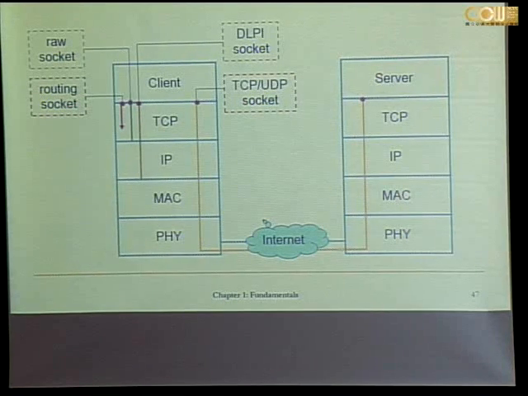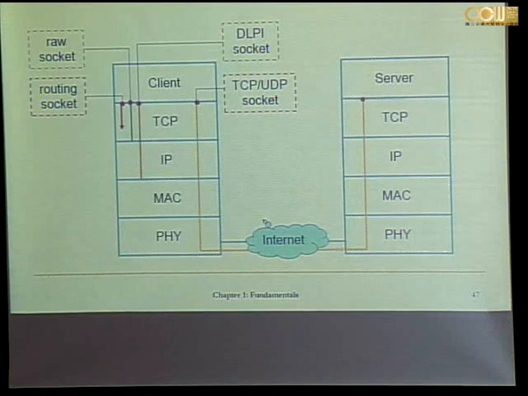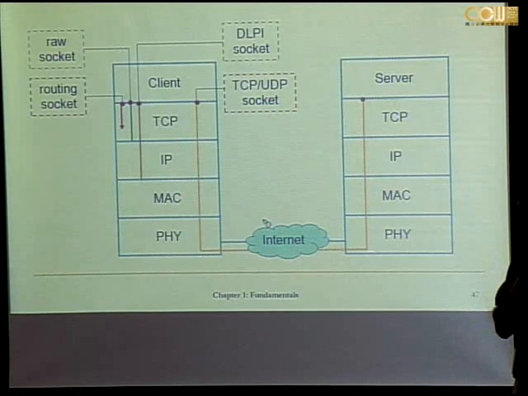Okay, for client and server, how do they communicate with each other, passing through the Linux kernel? As we say that client and server are outside the kernel in the user space, and they rely on the Linux kernel to transfer the data between each other.